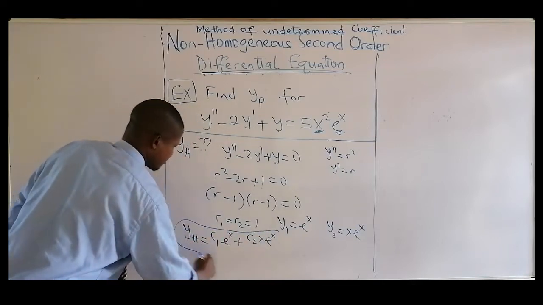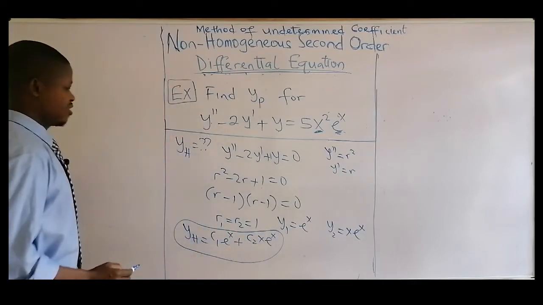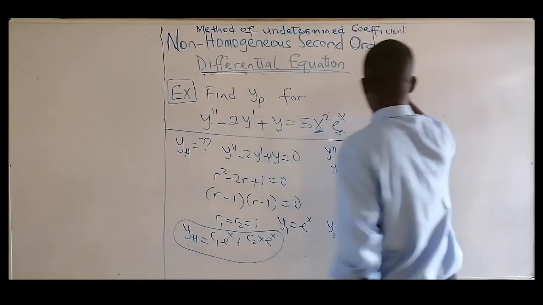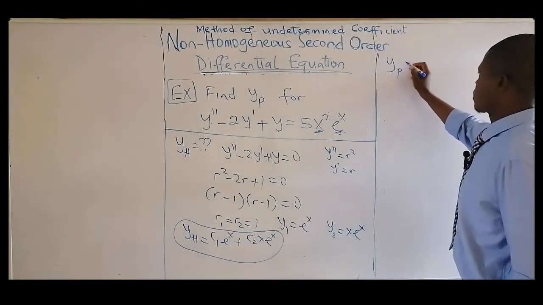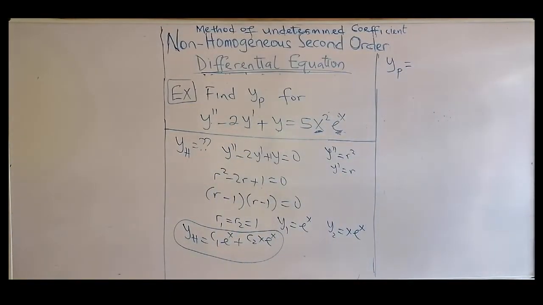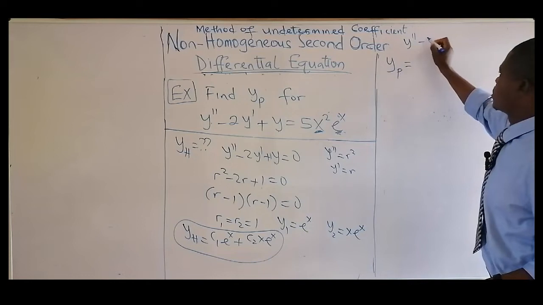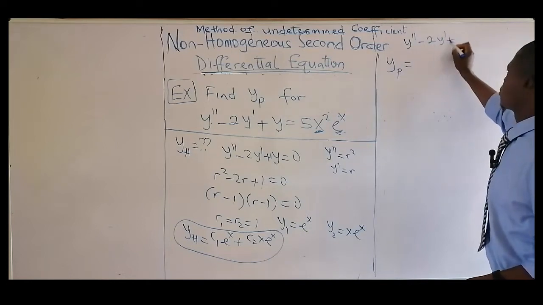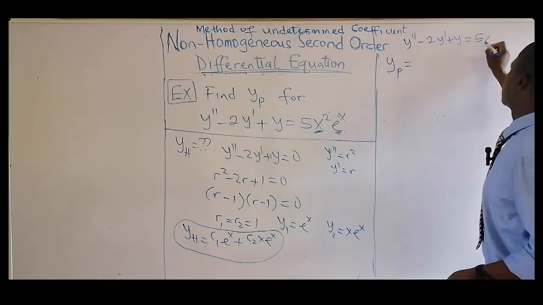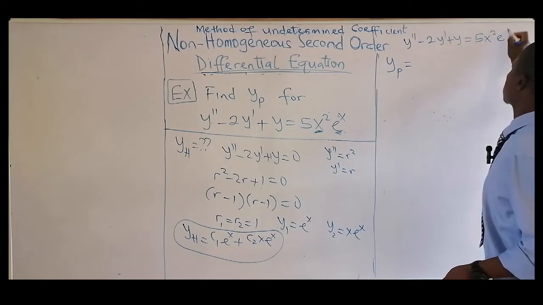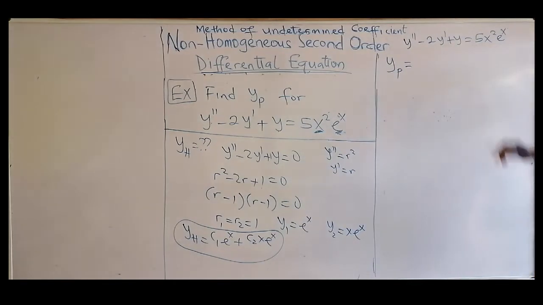So that's that equation. Then the next thing to do is to get the particular solution for the non-homogeneous part: y second differential minus 2y prime plus y equals 5x e^x. How do you get that?